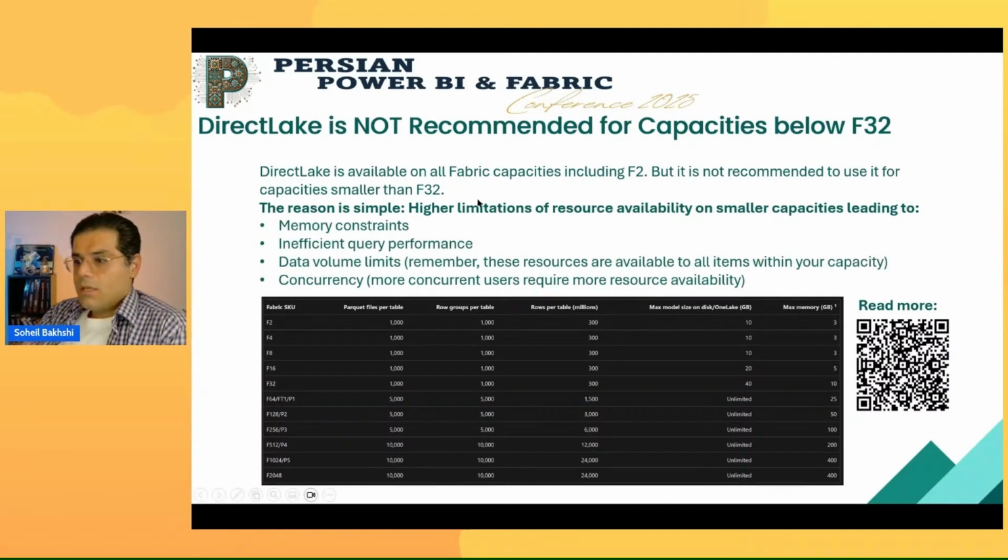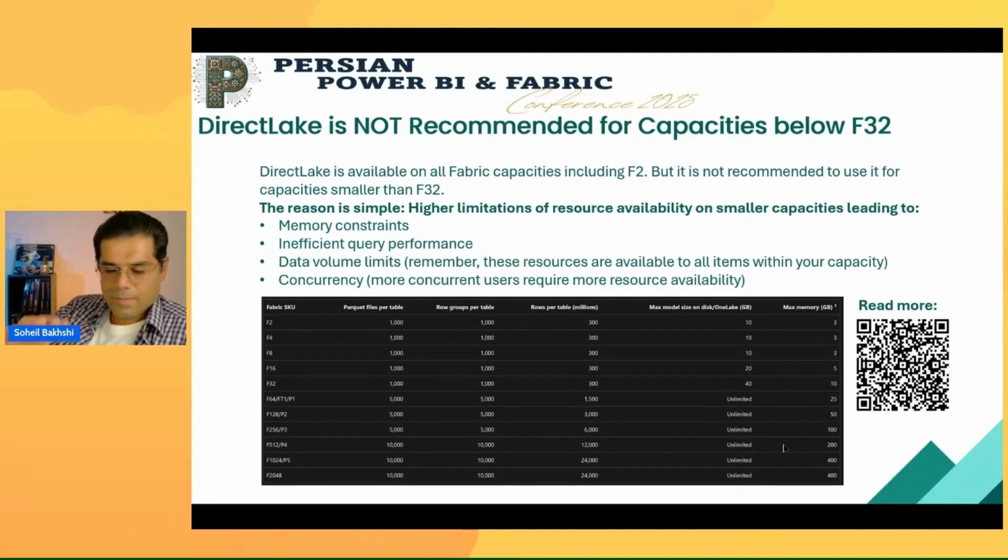Okay, so memory constraints and efficient query performance, because the memory limitation is not the only one, right? Remember, the max memory that you see on the screen is available to the entire capacity for all users, for all items.